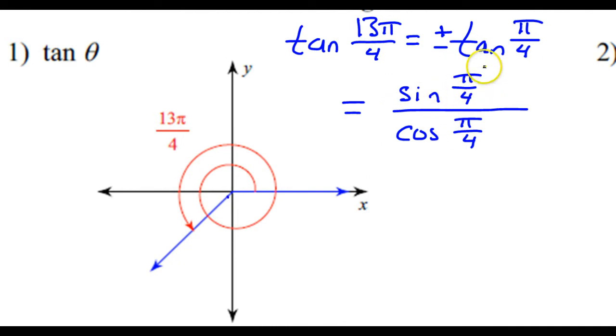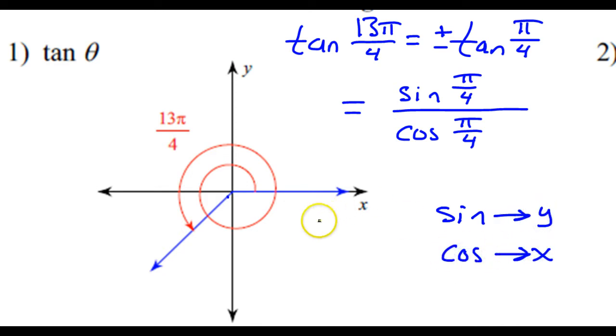Well, remember that tangent is sine over cosine. So that means tangent of pi over 4 will be the same thing as sine of pi over 4 over cosine of pi over 4. Now, remember that sine on the unit circle is the y value, and cosine on the unit circle is the x value.